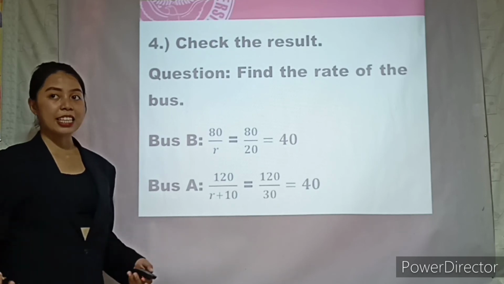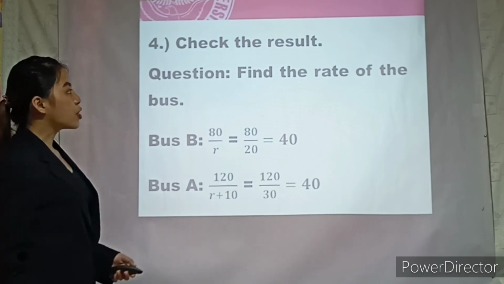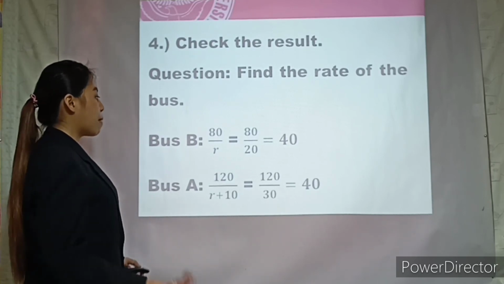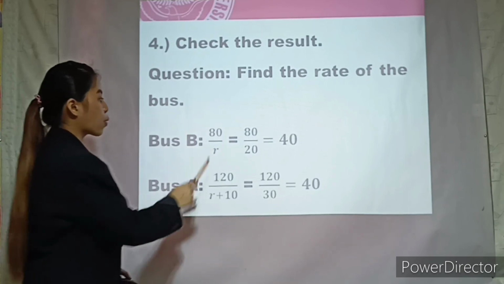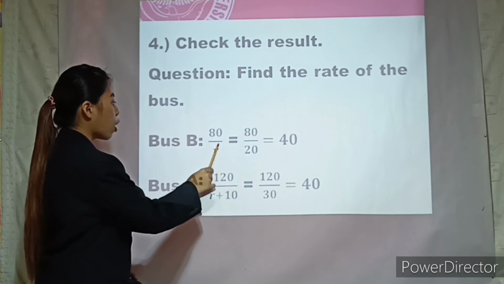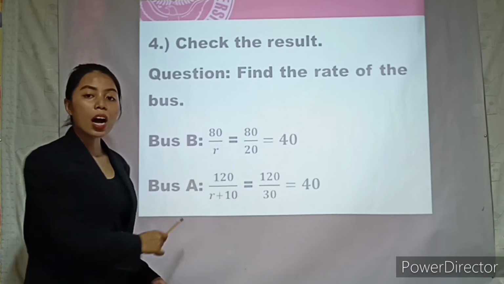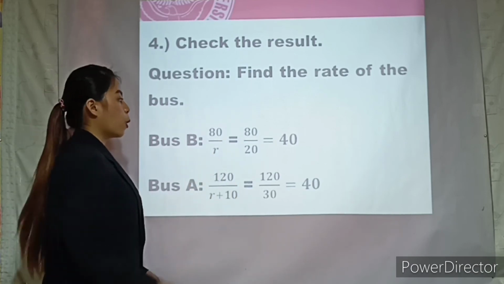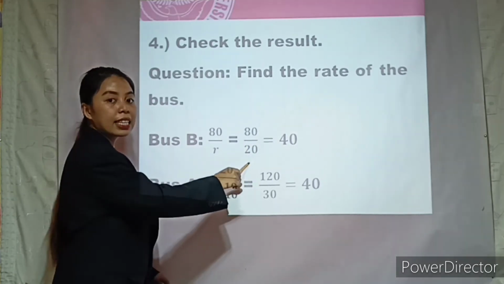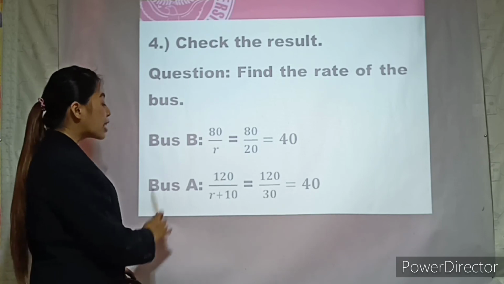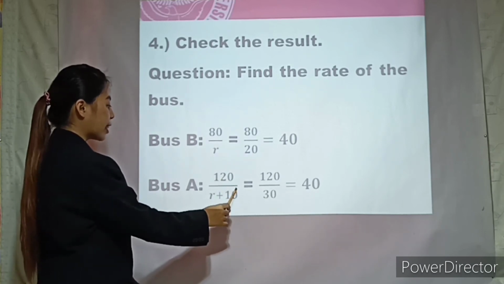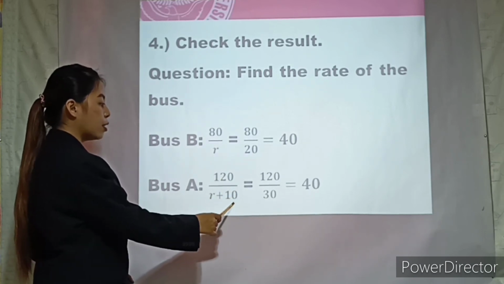So let us check the result. The question is, find the rate of the bus. Since bus B has this equation, 80 over R, and our R is 20, so 80 over 20, that is 40. Then bus A, 120 over R plus 10.